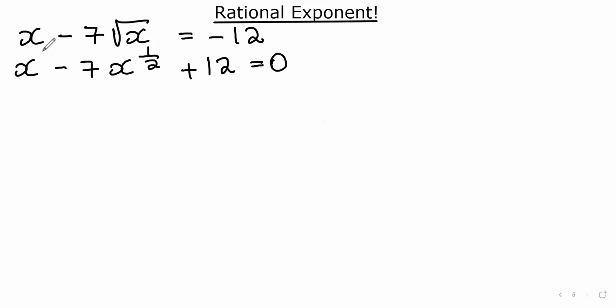I know that the exponent of x is 1. That's what I know. But then one thing I know about 1 is the fact that it does relate to a half. How does it relate? 2 times half is just going to be 1.